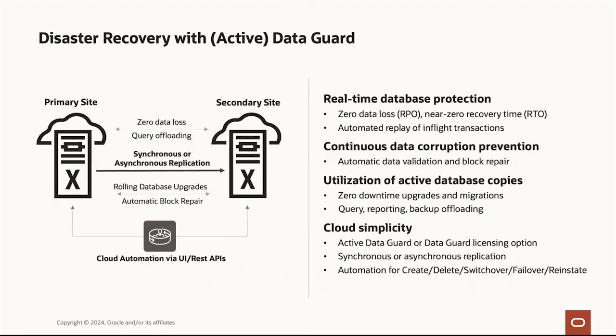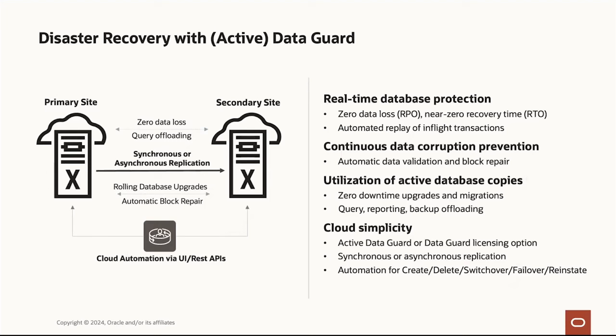You can choose between synchronous or asynchronous transport of data to the disaster recovery, or DR, site, giving you performance or zero data loss. Data Guard also provides continuous data corruption prevention, and Active Data Guard enables you to utilize active database copies for upgrades and migrations, as well as offloading queries, reporting, and backups to the remote standby.